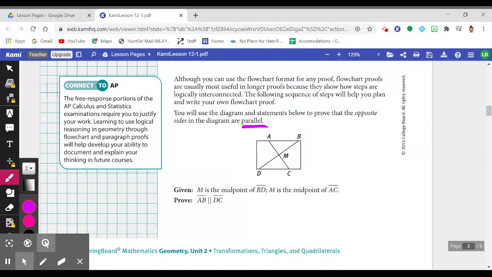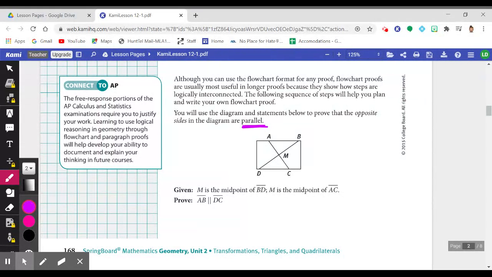So we are given M is the midpoint of line segment BD, and M is the midpoint of AC. Well, we know if a point is the midpoint, that it bisects a segment into two congruent segments. So M being the midpoint of BD is going to bisect BD into two congruent segments, and M being the midpoint of AC is going to divide AC into two congruent segments.